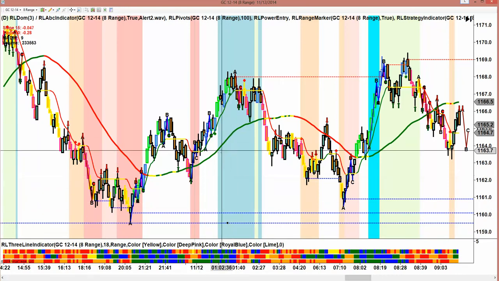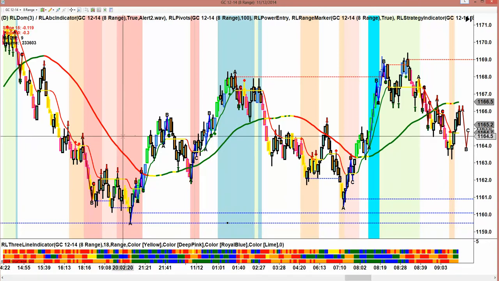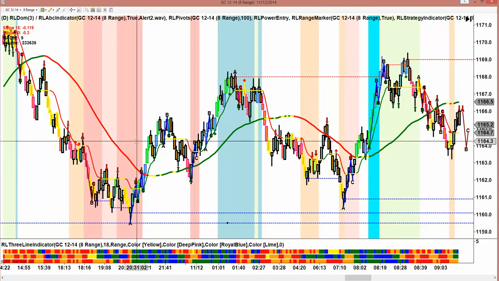We're trying to tell you where the prevalence of an up move is going to be the highest. The prevalence of a long move is going to be highest when the bias indicator is blue. The prevalence of a down move is going to be highest when the bias indicator is pink.